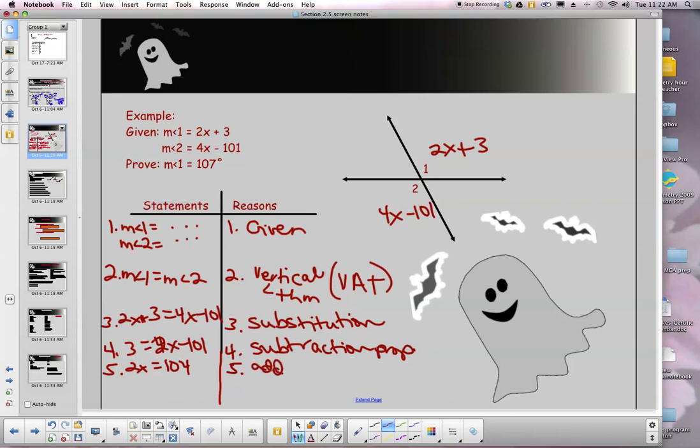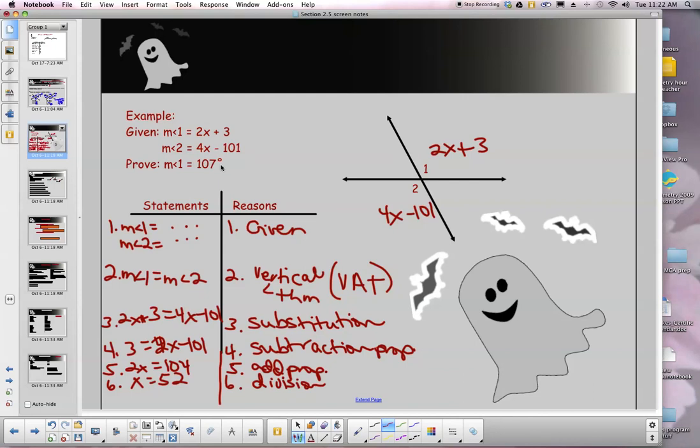I added 101 to both sides, and then I'm going to divide by 2, and so x is 52 by the division property.